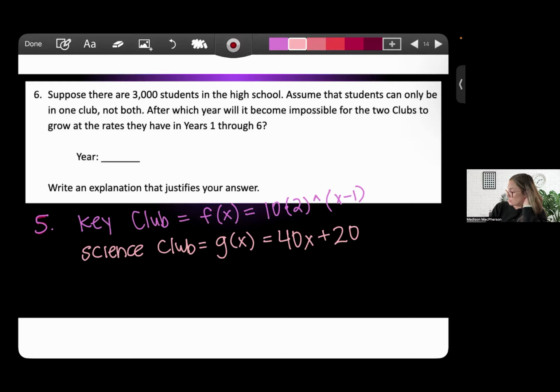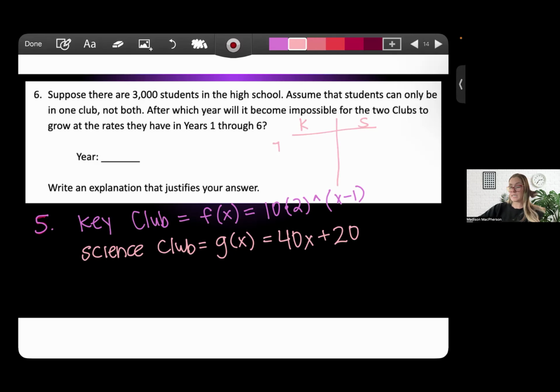And then we're going to do number 6. Suppose there are 3,000 students in the high school and students can only be in one club, not both. After which year will it become impossible for the two clubs to grow at the rates they have in years 1 through 6? So we're just going to go through and see what would happen. At year 7, the Key Club is going to double.